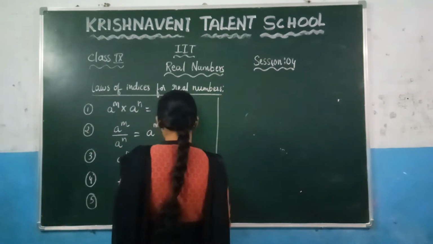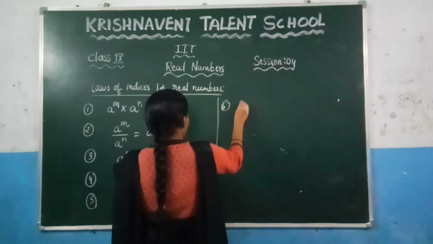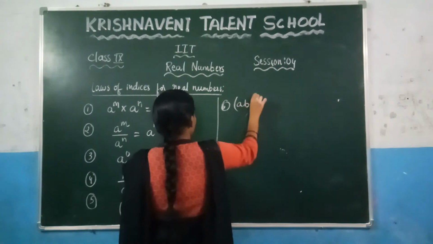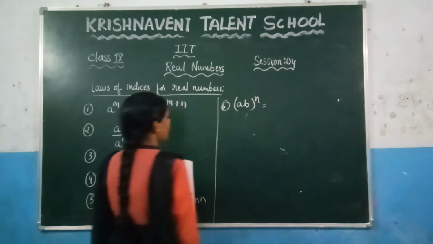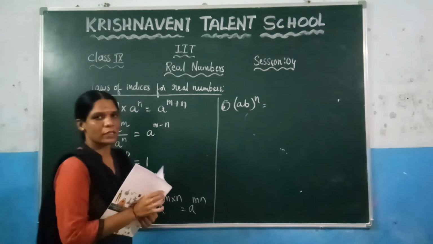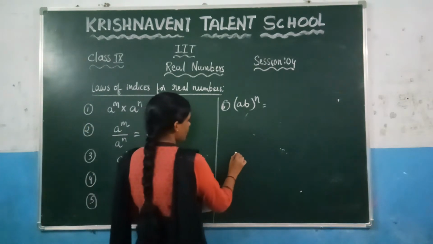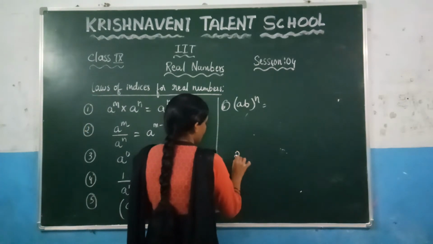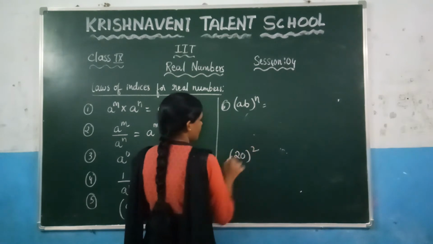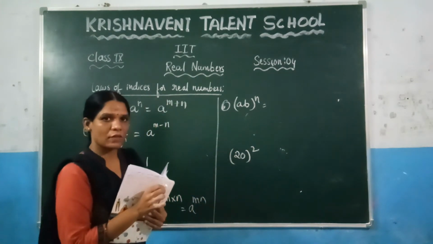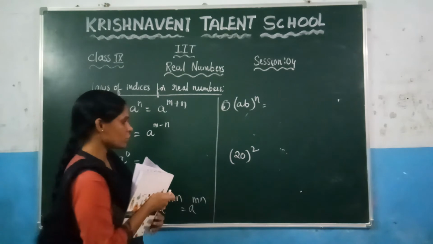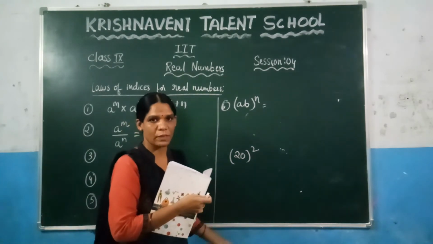which is (ab)^n. If you have been given like this, let us consider one example here, (20)^2. If you want to find the value of 20 whole square, what we need to do, you need to multiply 20 two times, right?